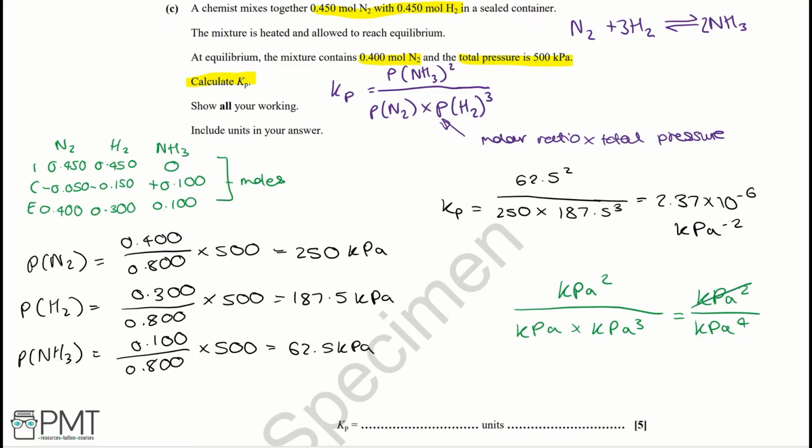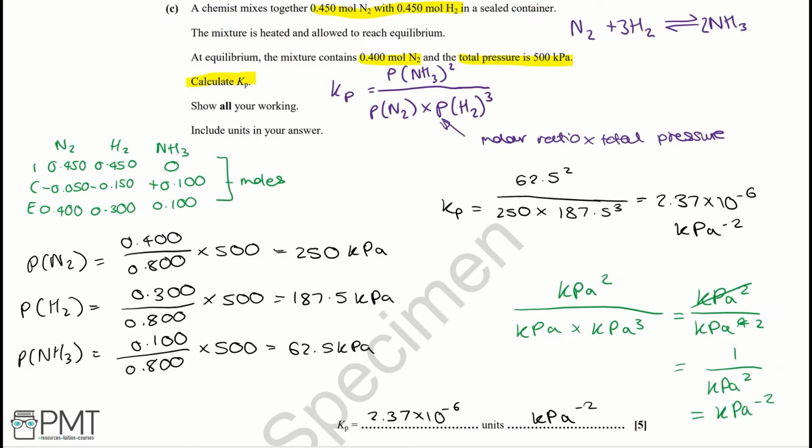So we can cancel, and that's 1 over kilopascals squared, which is kilopascals to the minus 2. So writing this in the answer line, we have 2.37 times 10 to the minus 6 kilopascals to the minus 2.